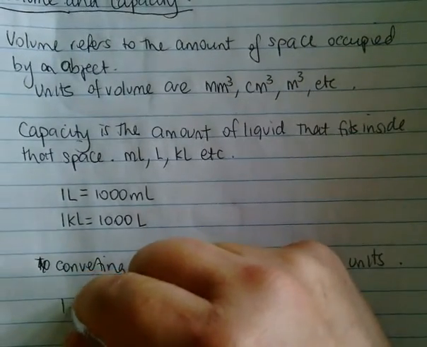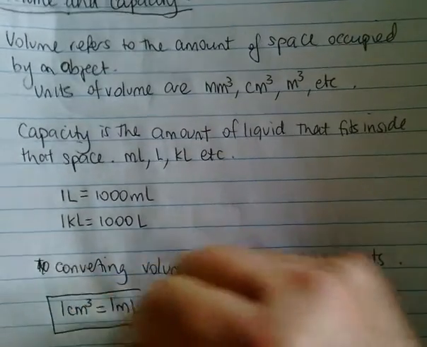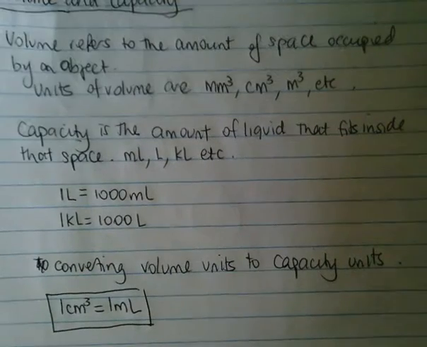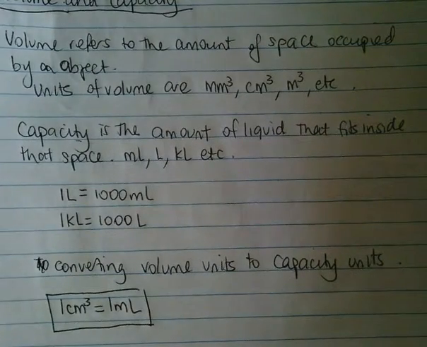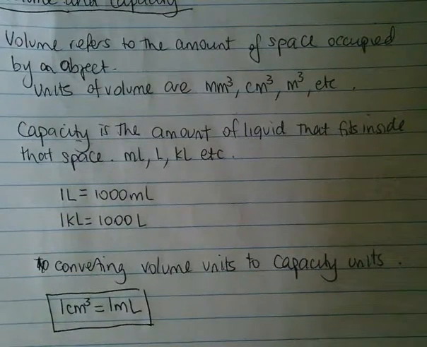The first one is the following, that 1 centimetre cubed equals 1 mil. What that means is if you remember a little centimetre cube from primary school, those little ones? The little cubes. That occupies the same space, well, exactly as 1 mil. Now think of 1 mil as a syringe that you would have had medicine in, maybe as a child.